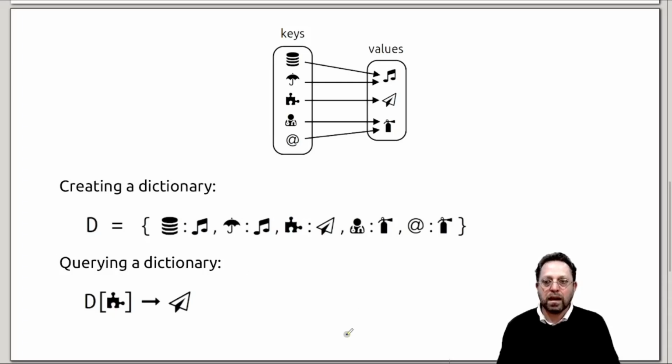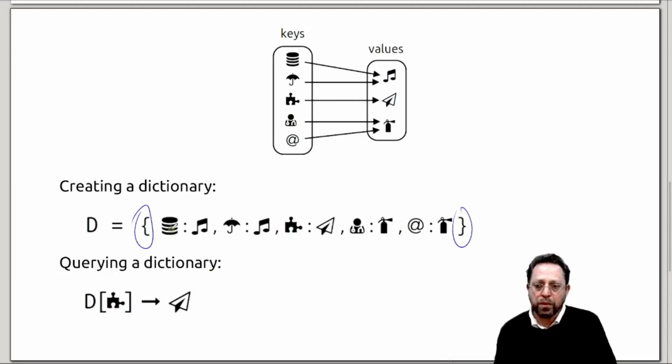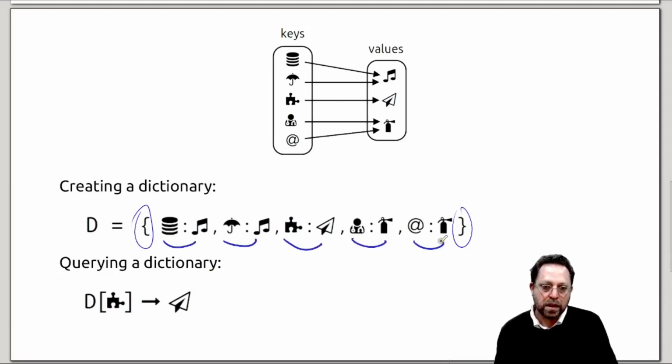So this is demonstrating the syntax for creating a dictionary. Let's say we wanted to create this slightly abstract dictionary here. We use curly brackets, and then within the curly brackets, we provide key value pairs. So in this case, there are 5 different key value pairs. Those are the 5 arrows.